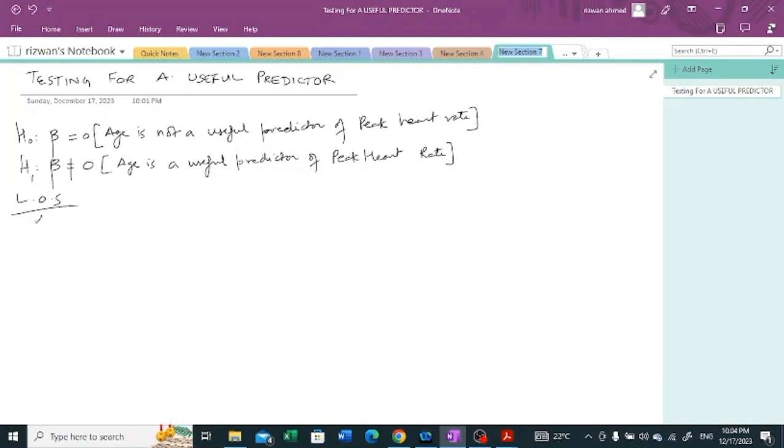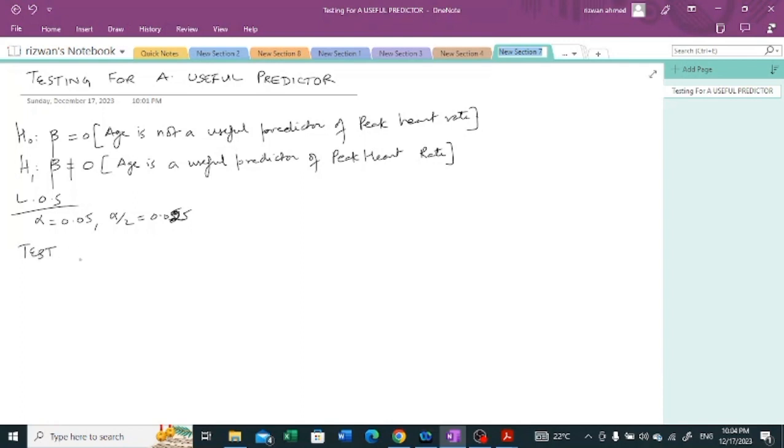The level of significance that we are given to test this hypothesis is alpha equals 0.05, and since this is a two-tailed test, we need to divide alpha by 2, and that would be 0.025.